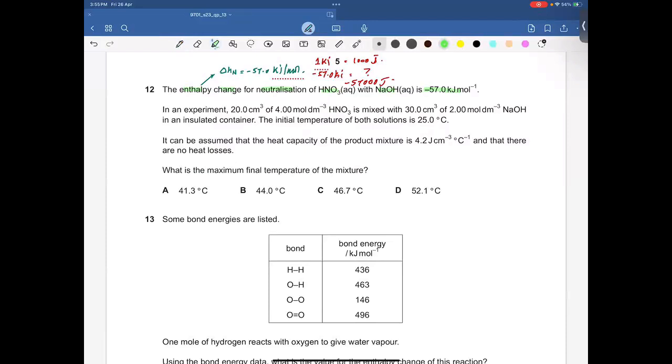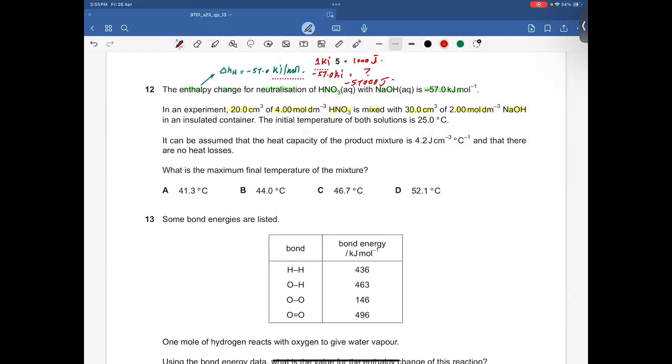First thing. Second thing, ratio between nitric acid and NaOH is 1:1 because nitric acid is a monobasic acid. Now the next part of the question is 20 cm cube of 4 mole per dm cube nitric acid is mixed with 30 cm cube of 2 mole per dm cube NaOH. Since the concentration and volume of both are different, we need to find out the moles of each substance.